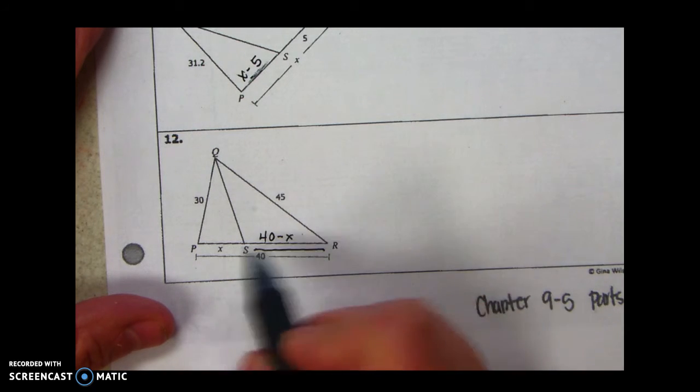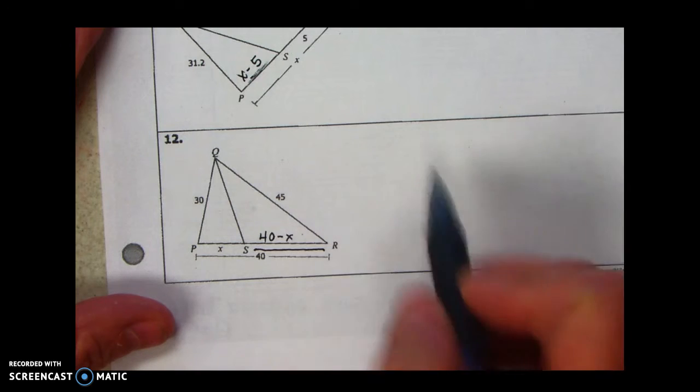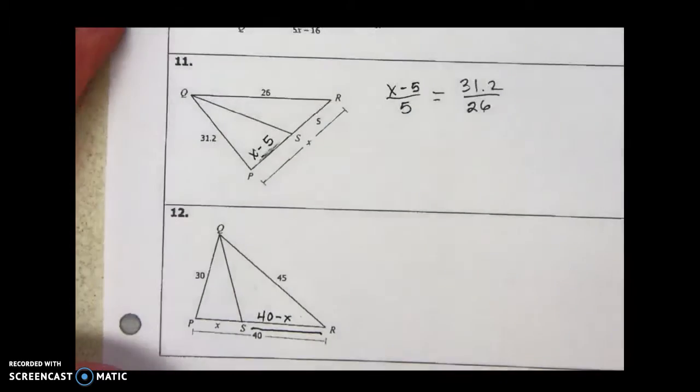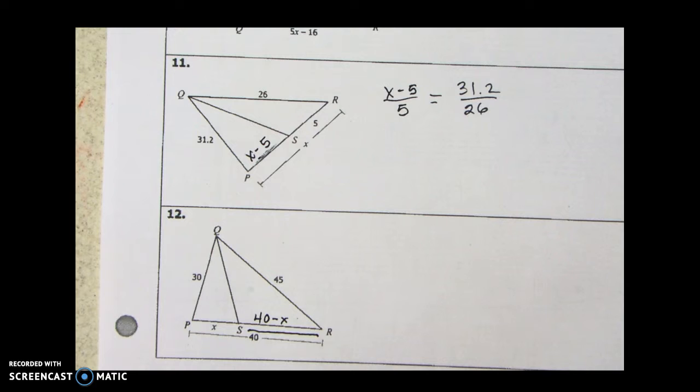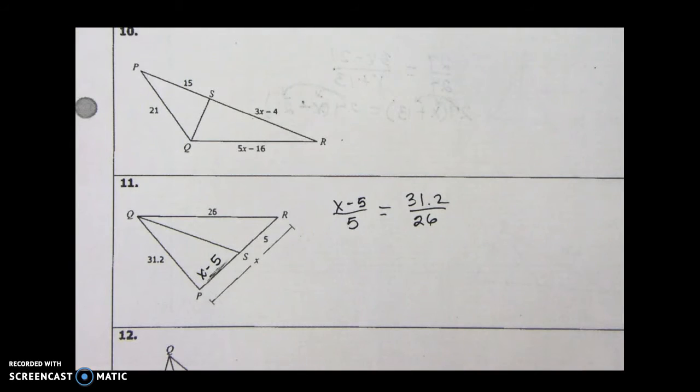So it's the whole thing minus this piece. And then you'd set it up. Okay, so no different than what we've been doing before. We're setting up triangles with its proportional parts, fraction equaling a fraction, which is a ratio or a proportion, and then cross multiplying and solving.